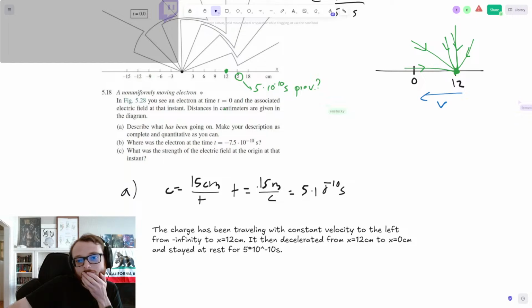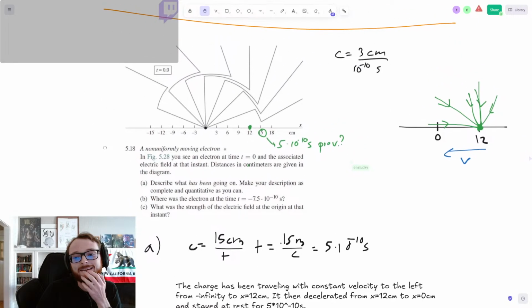Yeah, exactly. I'm looking at figure 5.19 in the textbook and I'm trying to work out the significance of the arrows outside the circle. Oh, I think I talked you out of it. Oh, I think you're right. I think it was moving to the right and then stopped at 0.